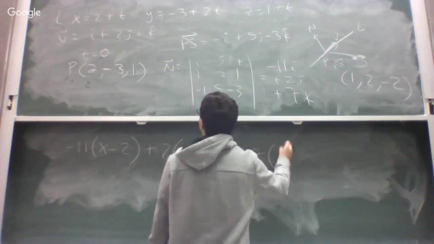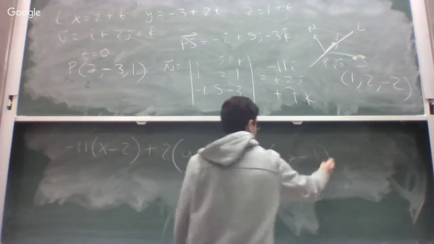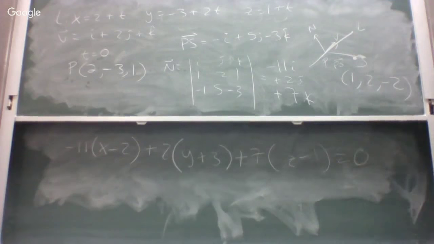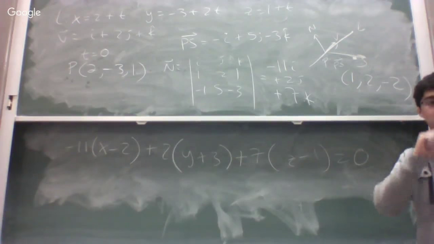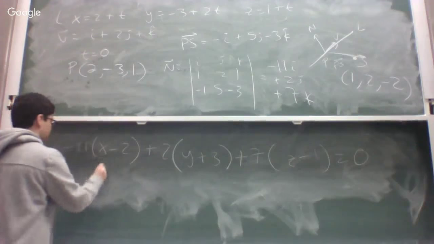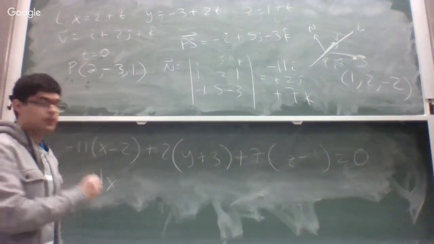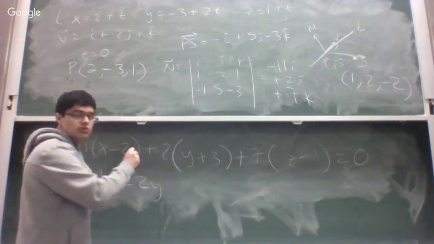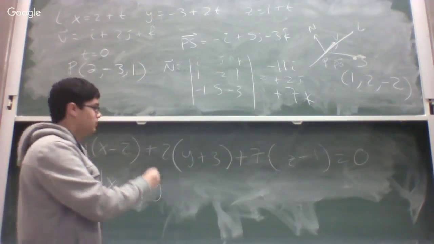Plus 7 times z minus 1 equals 0. And then make sure you guys solve it correctly. That's equal to 11x minus 2y minus 7z.